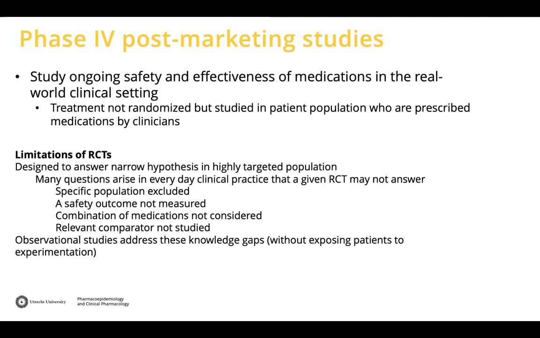So we're going to get into a lot more detail about phase 4 post-marketing studies later on in the course. So you'll get a few more details on that, but it's just important to understand their place in the whole drug discovery pipeline.